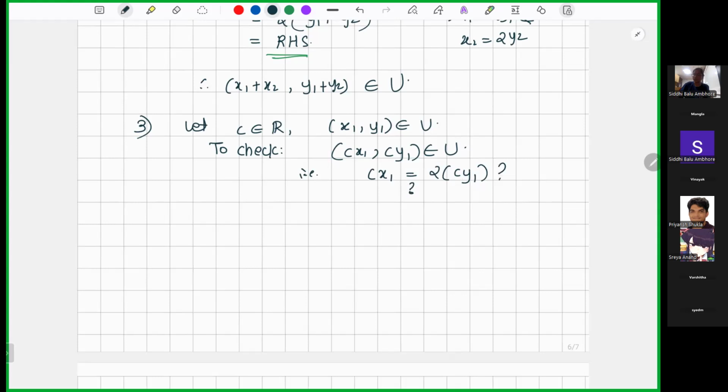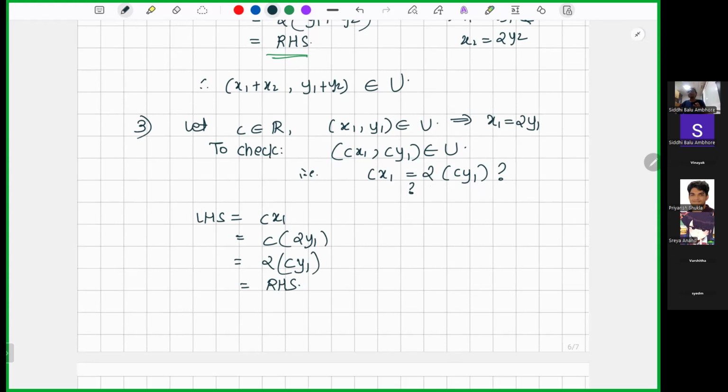If I start with cx1, and x1 is equal to 2y1, so this is cx1, but this x1 is 2y1. So I can just shuffle the multiplication, and this is what I wanted to check. These are very basic things which we are checking here.